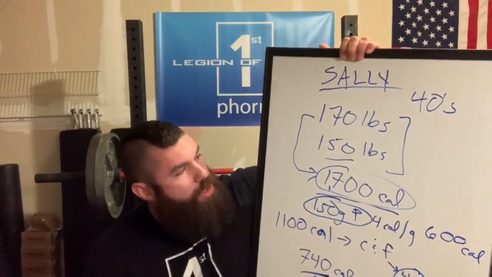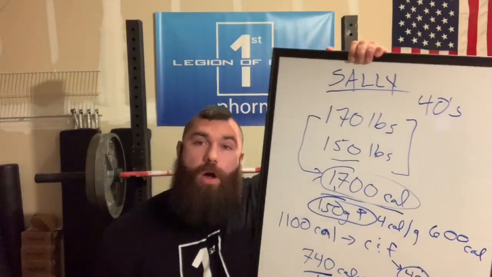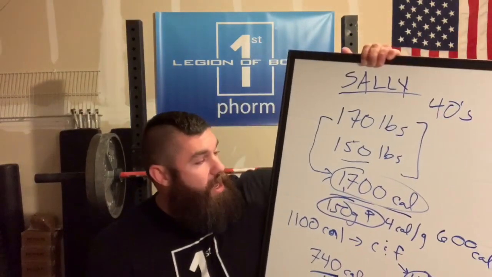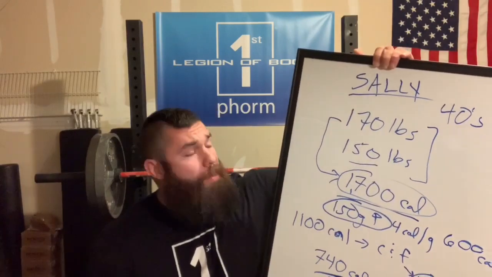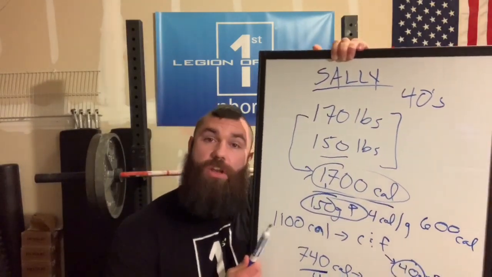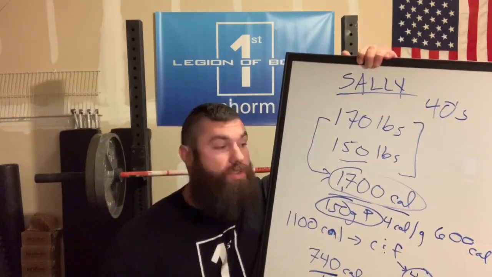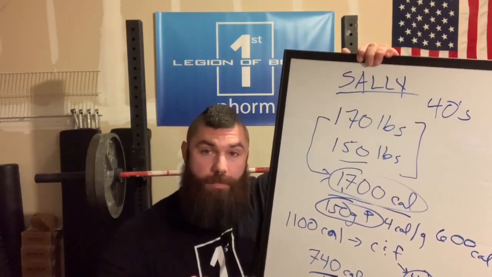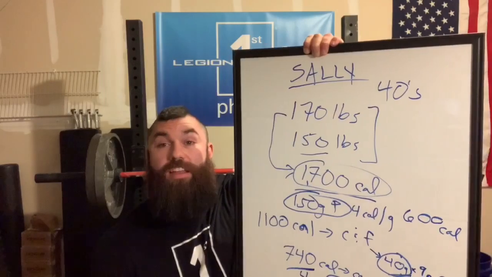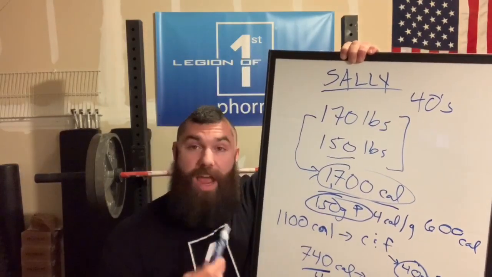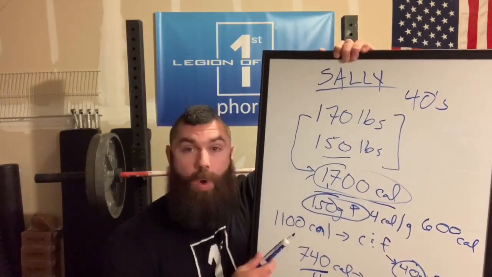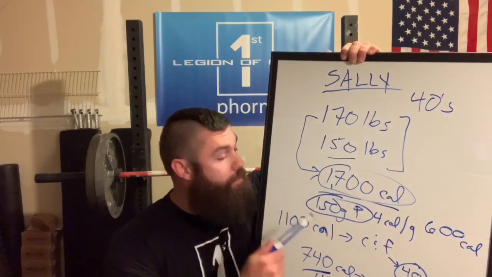So this is how we would determine where we start someone out in terms of their macros. Now, I'm not saying these are the end-all-be-all numbers that we're going to stick to for Sally. So then we check in, and that's where it's important to convey that, hey, I need to hear from you. How you doing? I need to hear your weight, I need to review your pictures.